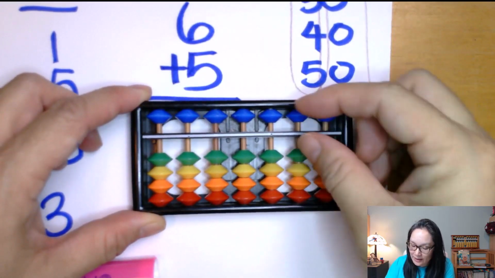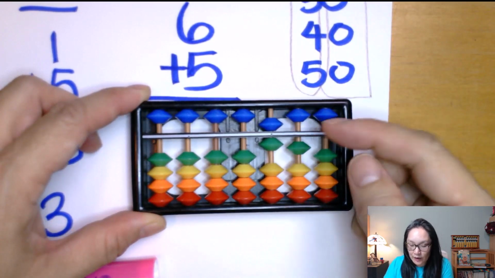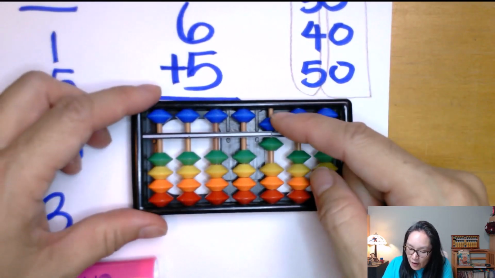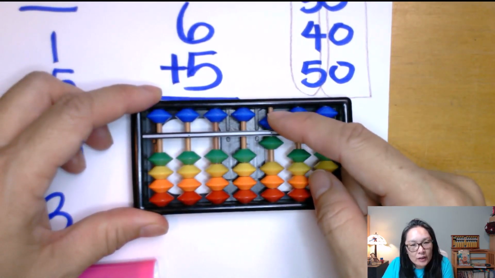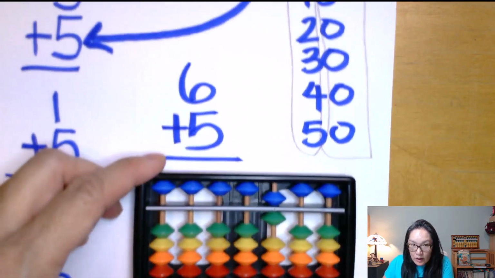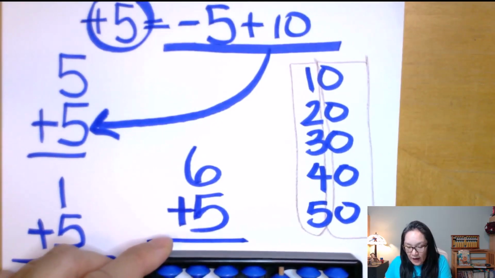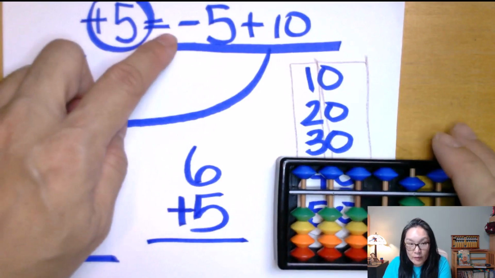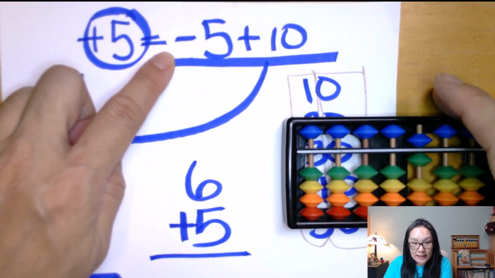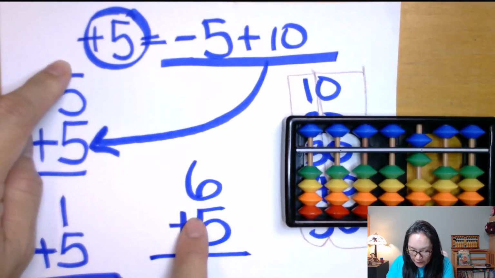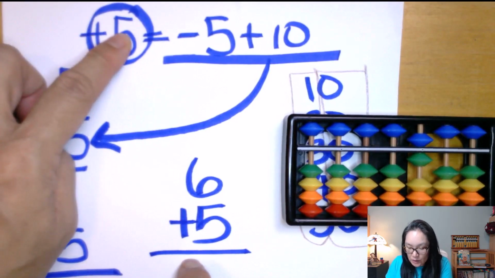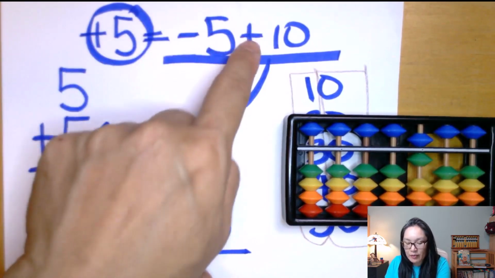Always clear your abacus. So I have 6, right? Now I want to add the 5, but I'm already using this 5. So, because I'm using the 5, I have to actually start using the formula. This formula is plus the 5. So plus the 5 is equal to minus the 5 plus the 10.